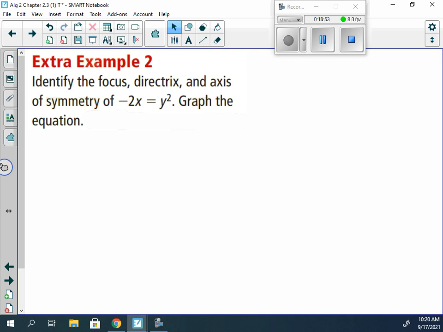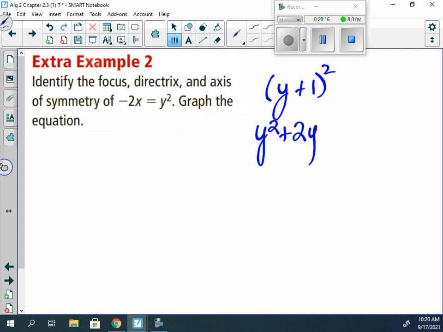Because if, like I said earlier, we actually had, say, y plus 1, it moved it down, actually had a movement from the vertex, it would be written with y plus 1 squared as part of the equation, and if they didn't have the parentheses, it would really show up as this.